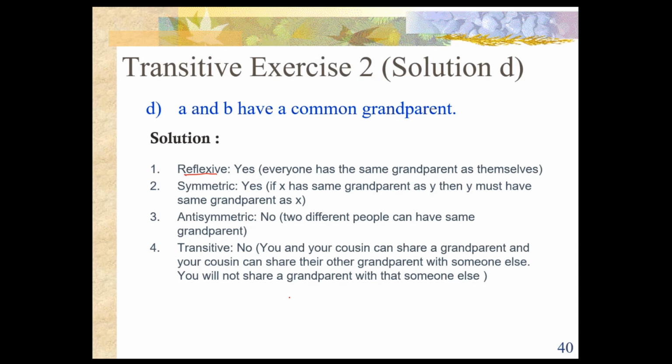Can we graphically display this? Let's say this is you. This is your cousin. These are your parents, father, mother. And then your cousin, we have his or her mother and father.